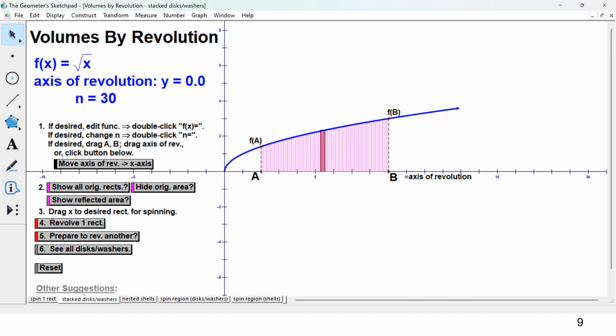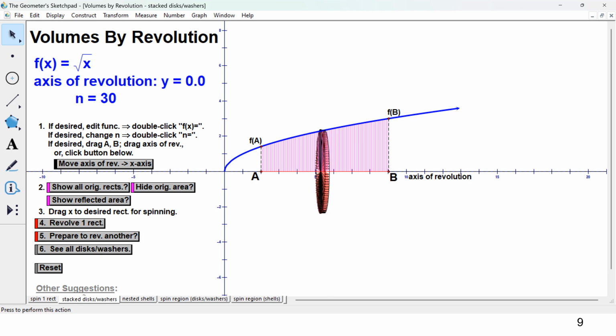Okay, so then what we're going to do is we're going to take a function, and that function is going to generate our region. So this is the function, the square root of x. I broke it into 30 little disks, or I should say now I broke it into 30 rectangles. When I spin one of those rectangles, I get one of those disks I'm looking for.